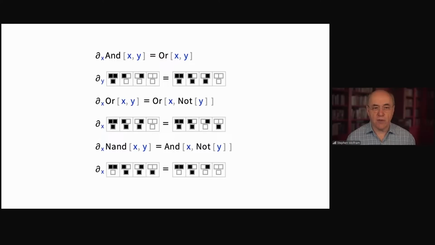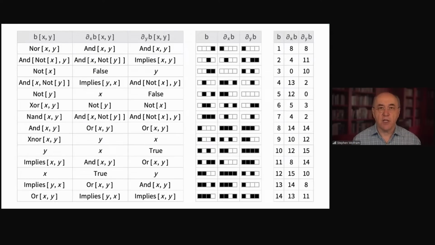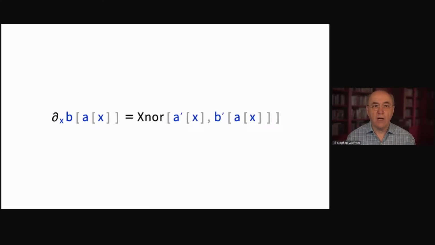And we have all sorts of other curious relations here that are the discrete analog of calculus now applied to Boolean functions. Actually, here's a table of Boolean derivatives for all two-input Boolean functions. And there's indeed a whole Boolean calculus one can set up for these kinds of derivatives. And in particular, there's a direct analog of the chain rule, where XNOR is effectively the equality test, does X equal Y?